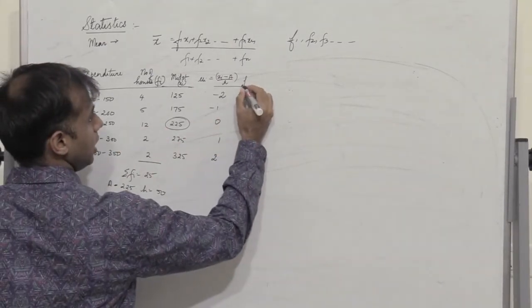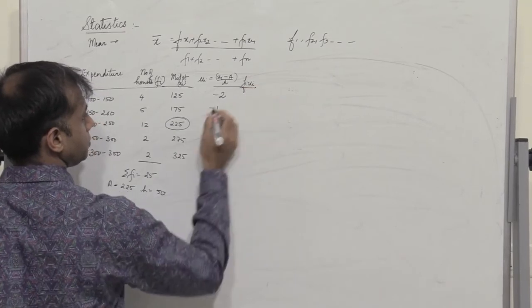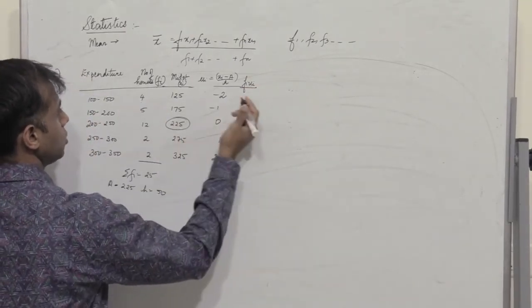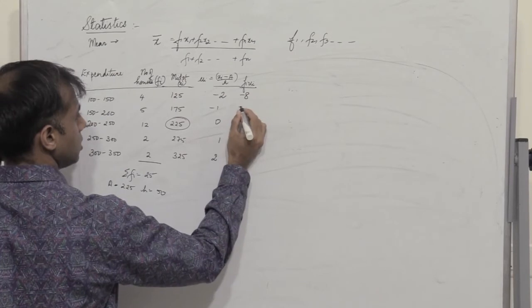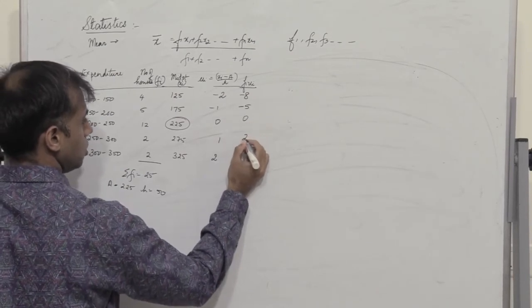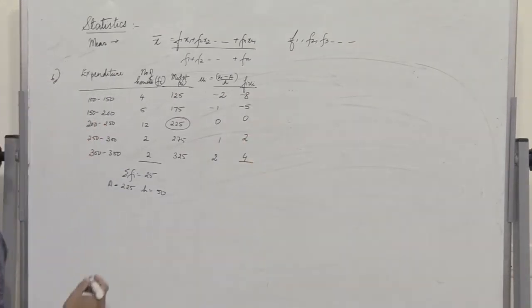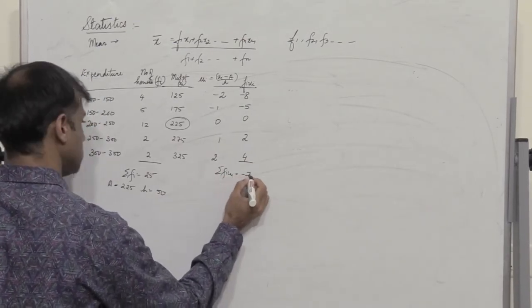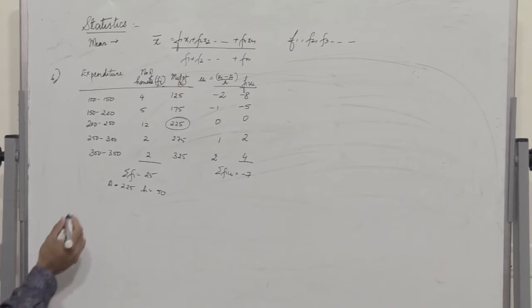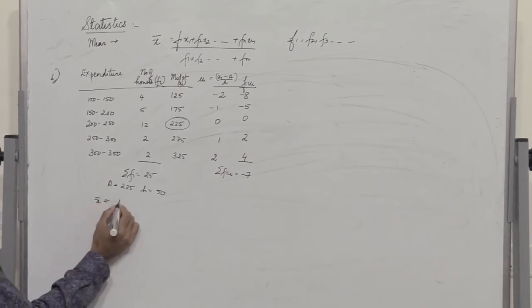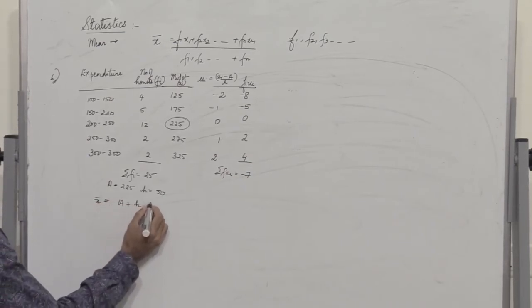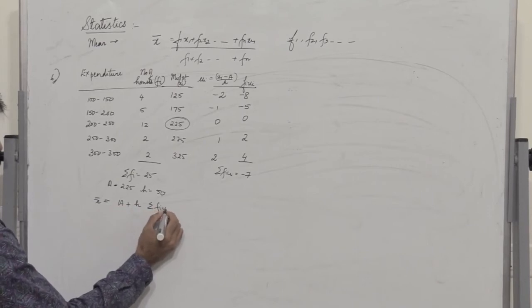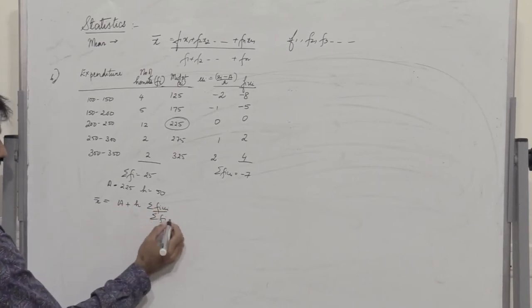So next fiui. So we have 4 into minus 2 which is minus 8, minus 5, 0, 2 and 4. So find summation fiui which is minus 7. So we have the mean value x bar which is A plus H into summation fiui divided by summation fi.